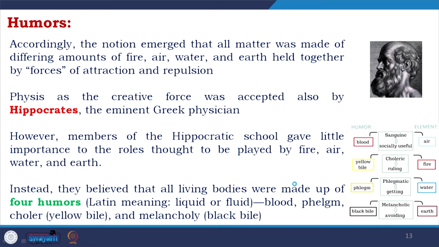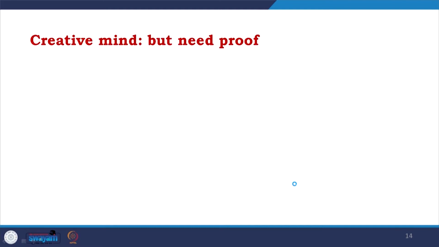Somehow they made a connection between the humors and the elements. Blood with sanguine, which is socially useful, is connected to air. Yellow bile, which is for ruling, is connected to fire. Phlegm, which is getting, is connected to water. Black bile, which is avoiding, is connected to earth.